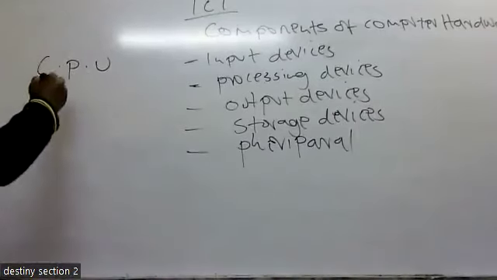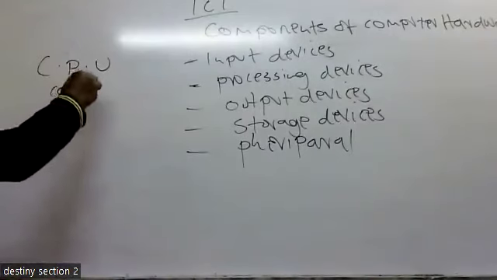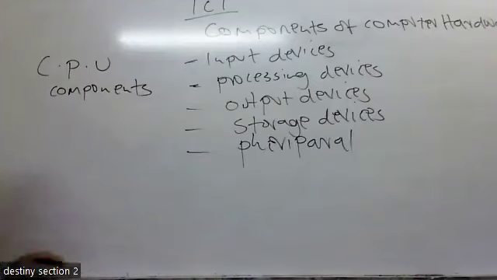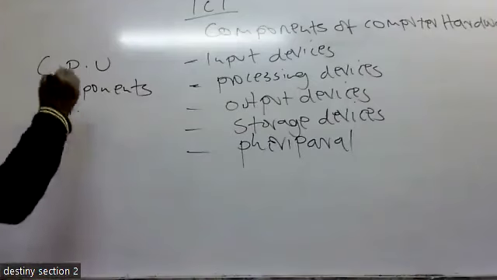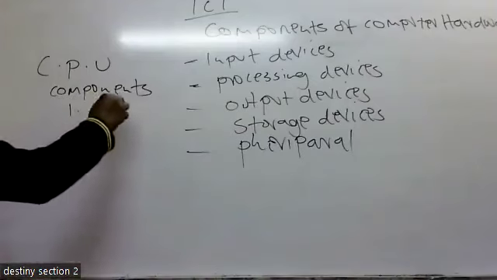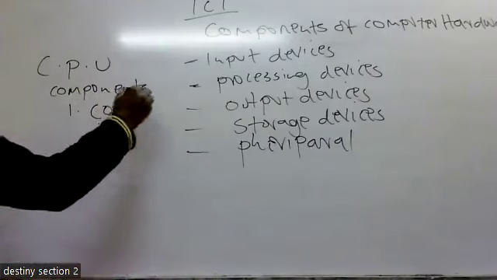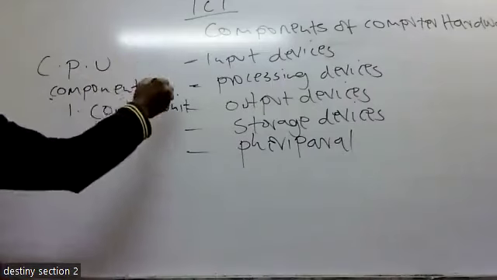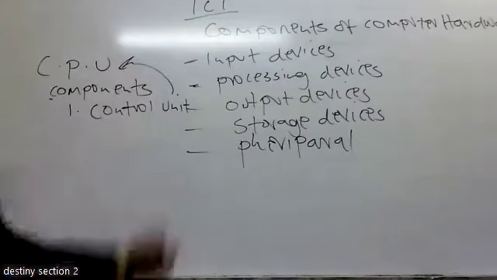And I remember that the CPU has its components. We have three components. One is the control unit, in bracket CU. That is one component of the CPU.